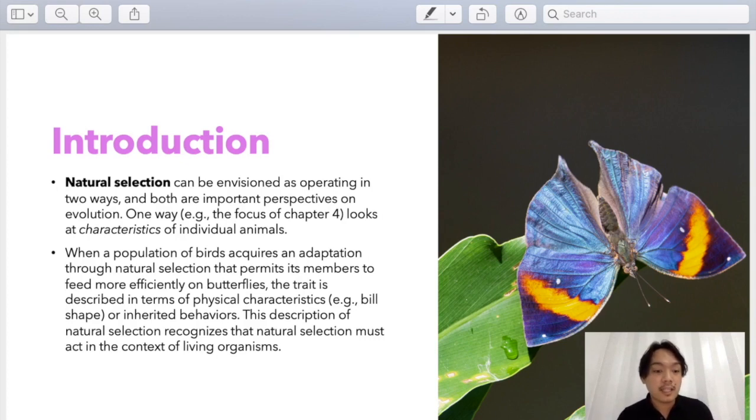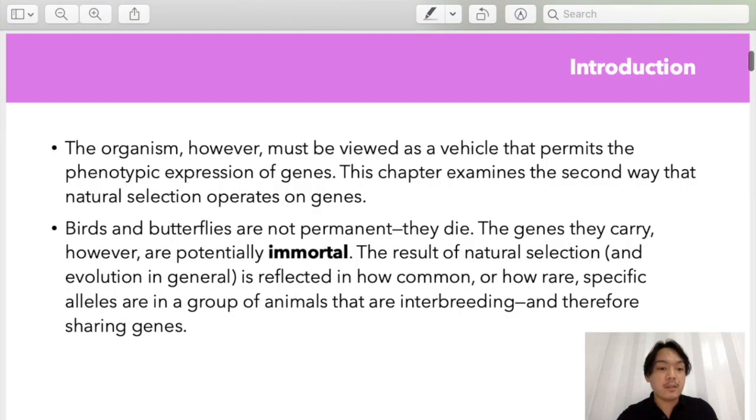The description of natural selection requires that natural selection must act in the context of living organisms. They must act upon the conditions that are needed with this example. The organism, however, must be viewed as a vehicle that permits the phenotypic expression of genes.